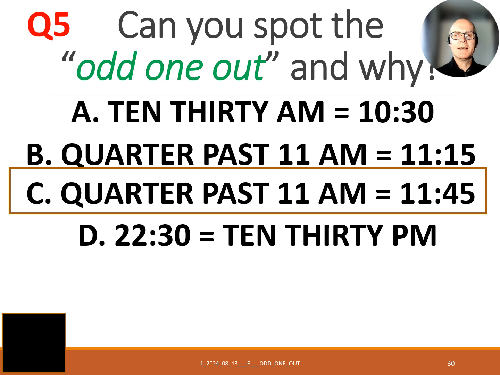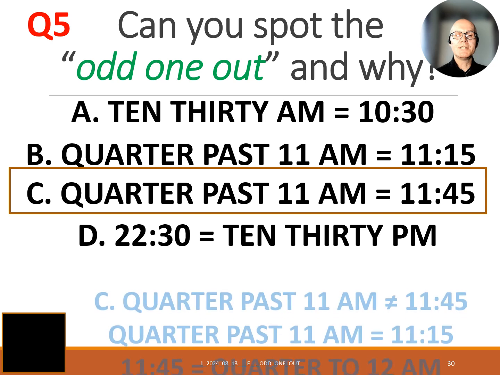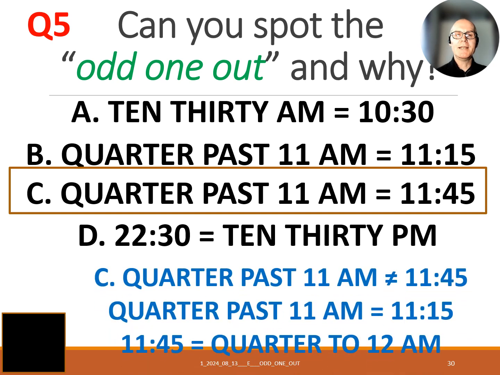The incorrect one here is 11:15 a.m. equaling 11:45. 11:15 a.m. does not equal 11:45. 11:15 a.m. equals 11:15. 11:45 is 12:45 a.m.